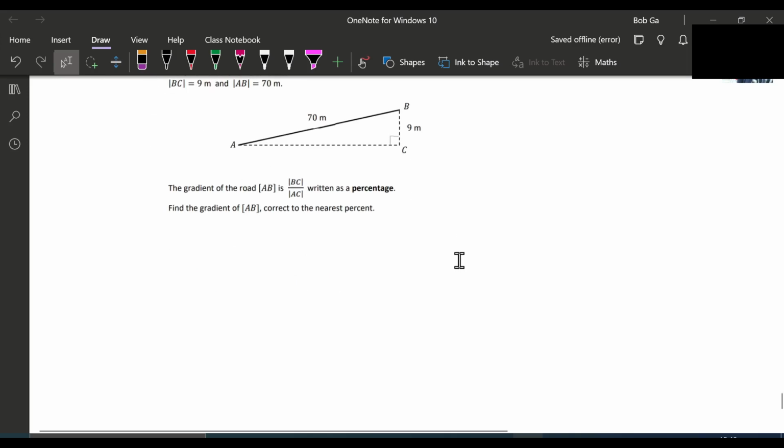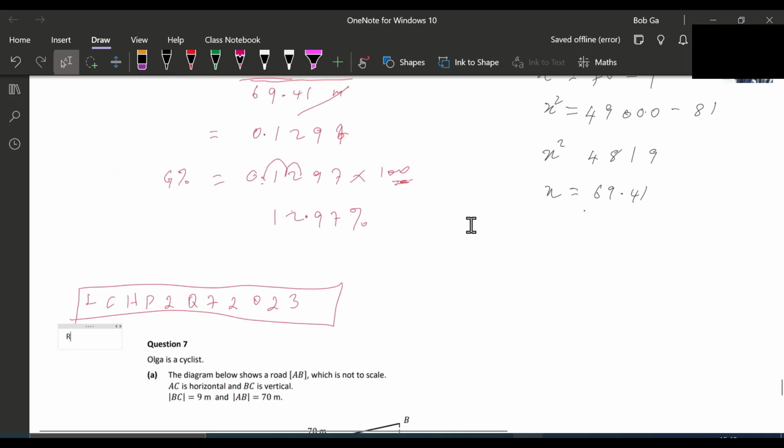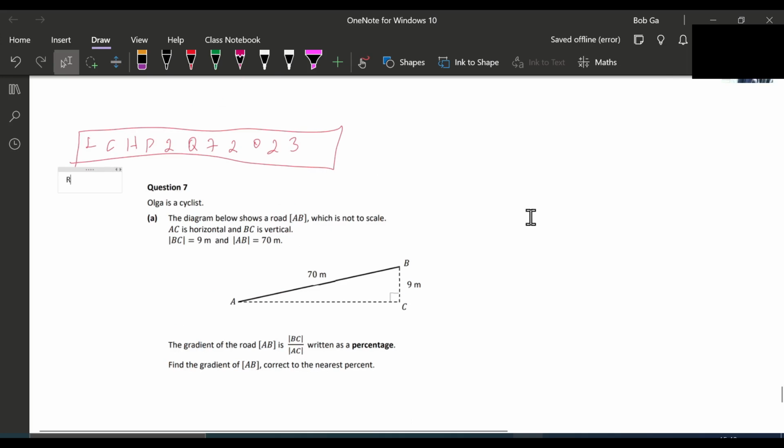The gradient of the road AB is BC over AC, written as a percentage. Find the gradient of AB correct to the nearest percentage. Okay, so we know gradient from our Pythagoras theorem.